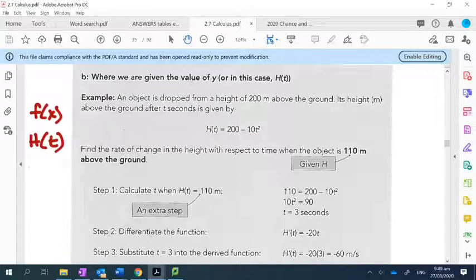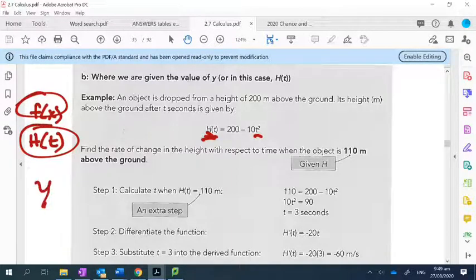For example, this one, h of t, t is time, and h is a height. So you have h of t, the height at time t. But it still means the same thing as f of x, which is the same as saying y, right? It's what you get if you put a value into the x and work it out. So to find y, I solve the equation for x.